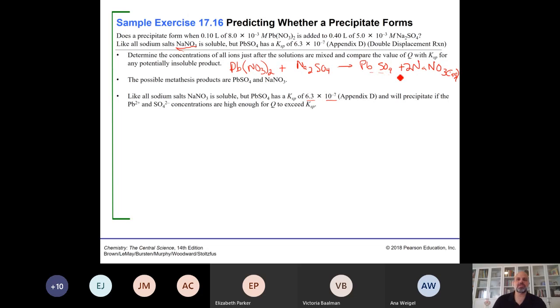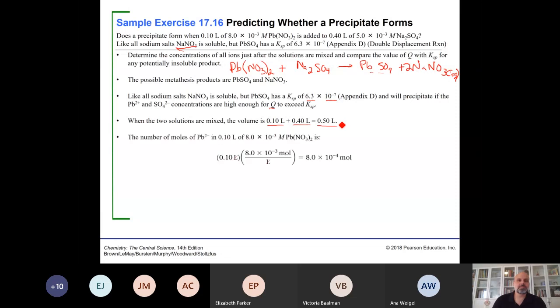We have a KSP of this product, and it will precipitate if the concentrations are high enough for the Q to exceed KSP. When the two solutions are mixed, the volume is 0.10 liters plus 0.40 liters, a new total volume of 0.50 liters.